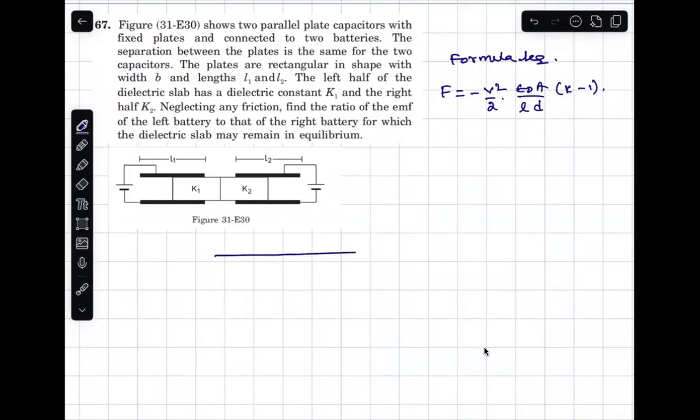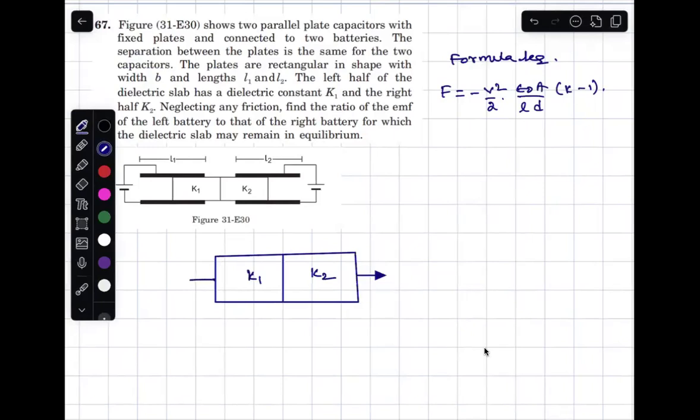On K1, this will experience F1 force. On K2, it will experience F2 force.